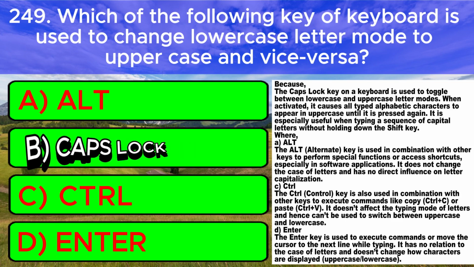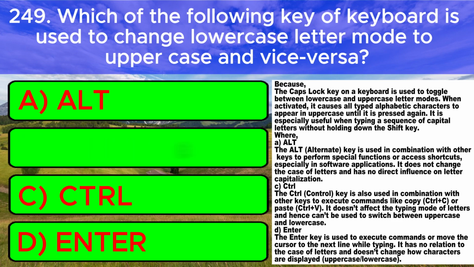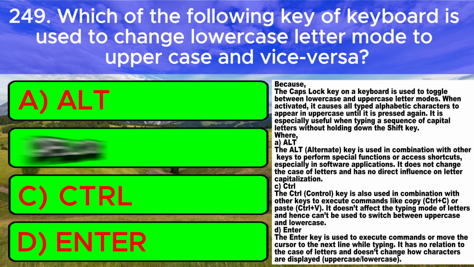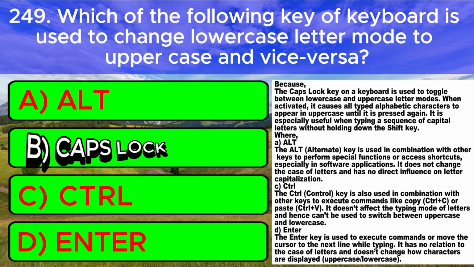Where A. Alt. The Alt, alternate, key is used in combination with other keys to perform special functions or access shortcuts, especially in software applications. It does not change the case of letters and has no direct influence on letter capitalization.